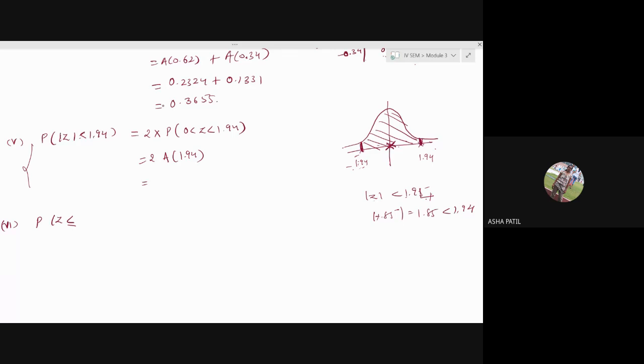What they do is they will give you A of 1.94. The answer will be given to you, and whatever sub questions are asked all depend upon this single value A of 1.94. The questions may be around this: 2 times, another may be again 0 to 1.94, another may be z greater than 1.94, like that. So only one table value will be given, along with which you may be asked 2 to 3 questions.